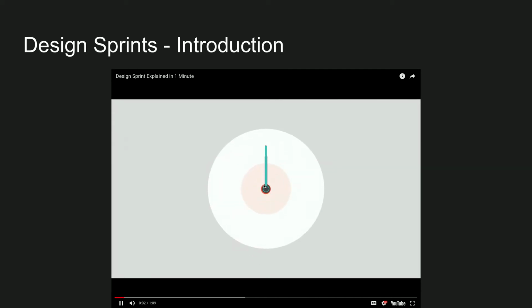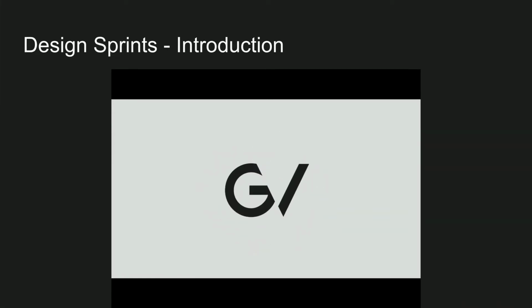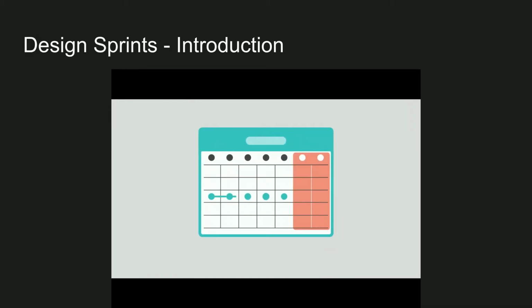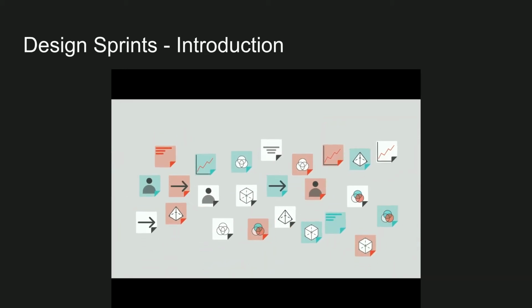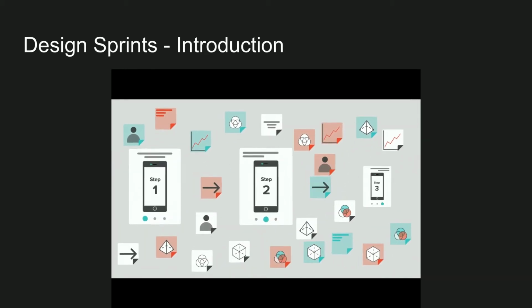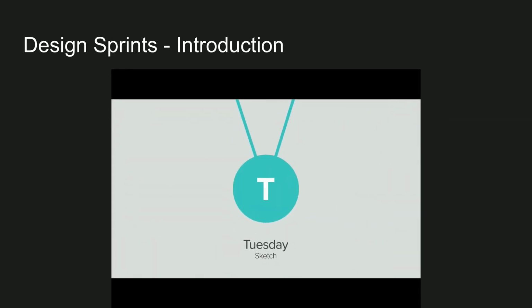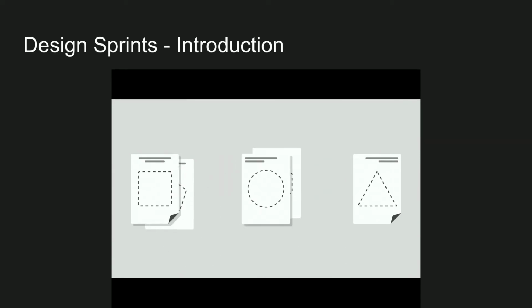In business, development time is a precious resource. Why are you wasting it? To be more efficient and responsive, Google Ventures created the Design Sprint, a process for answering critical business questions in just 5 days. The first day of the sprint is for sharing information between departments and creating a simple user journey. Day 2 is Sketch Day, where the team works individually to generate creative solutions to the problem.